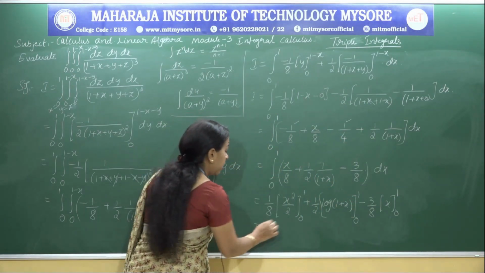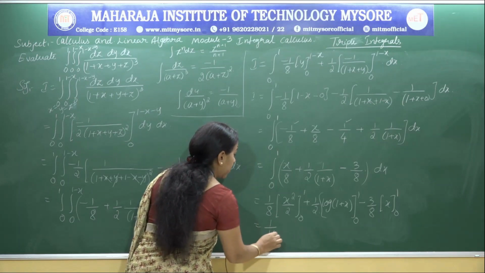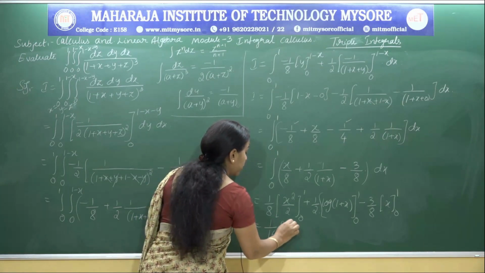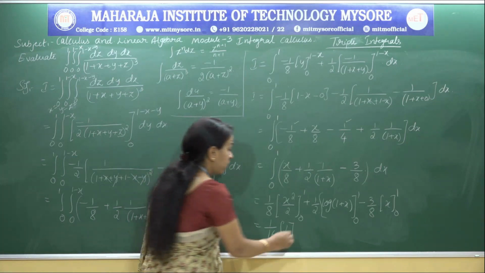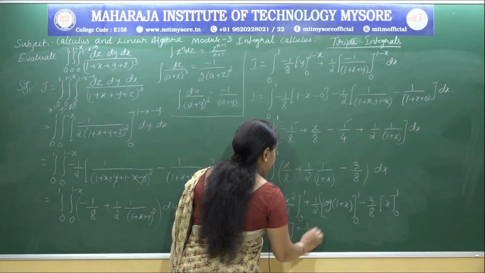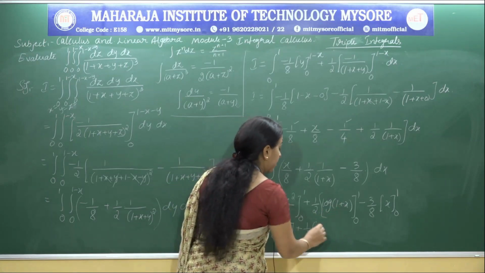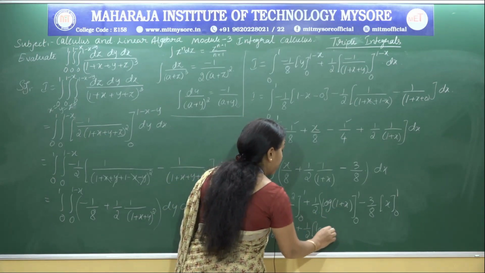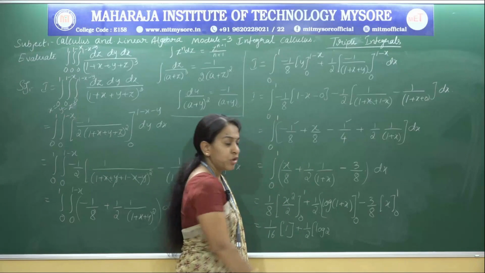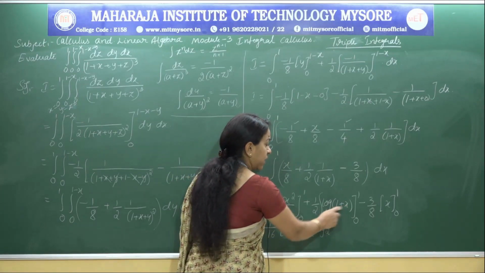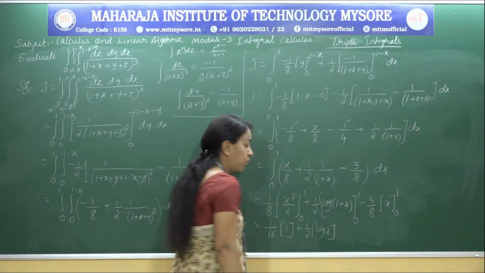Now apply the limit. 1 by 16 into 1 minus 0 is 1, plus 1 by 2 into upper limit is 1. So 1 plus 1 is 2, log 2 we have, and lower limit is 0. So 1 plus 0 is 1, log 1 is also 0.